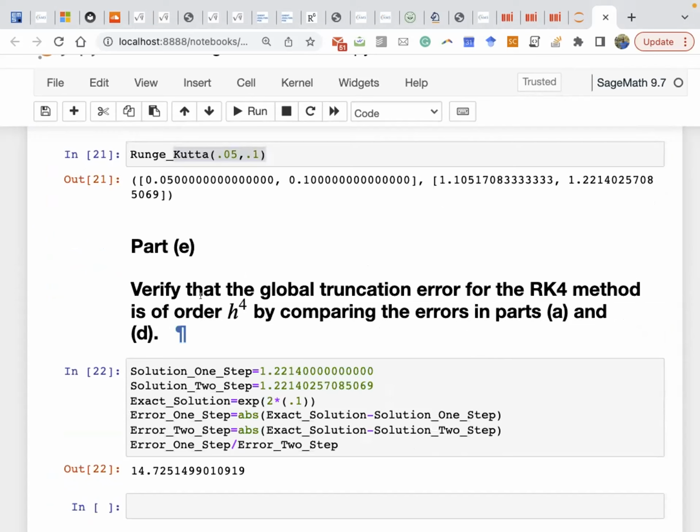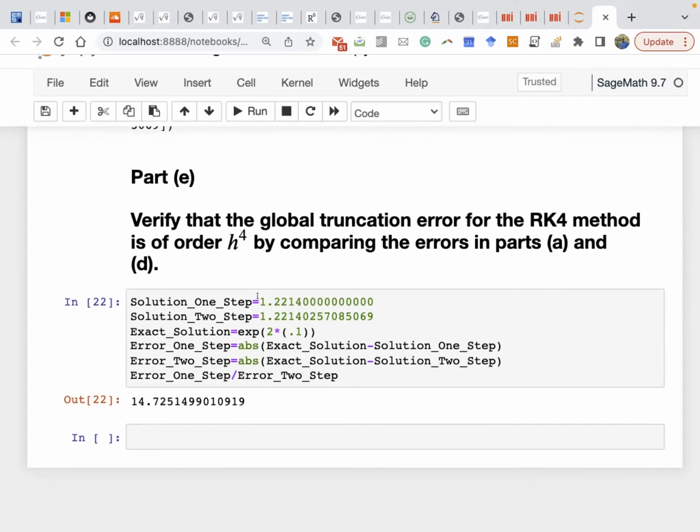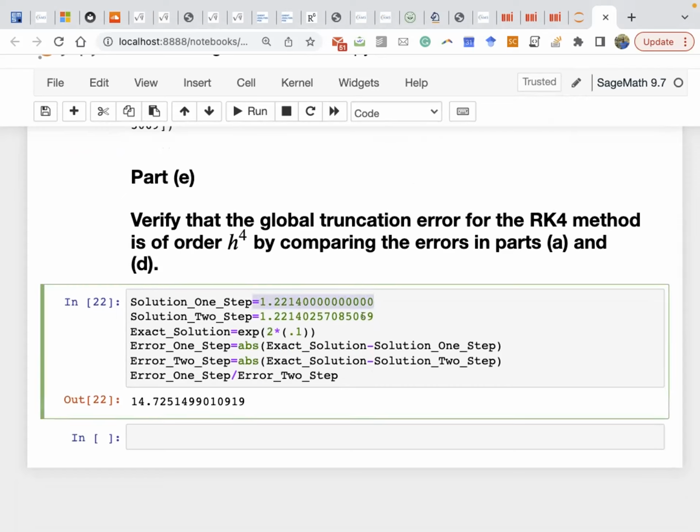Part E, verify the global truncation error for the RK4 method is of order h to the 4. So the solution of the one step size is this guy. The solution of the 2 step size is 1.2. The exact solution is coming from here.